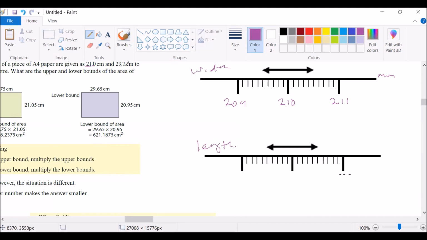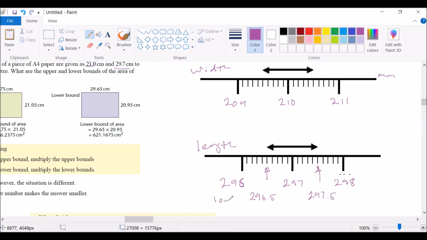For the length, we can convert this to millimeters, which is 297. The next is 298. Before that is 296. Halfway between, we find our lower bound, which is 296.5. Our upper bound is here, which is 297.5.